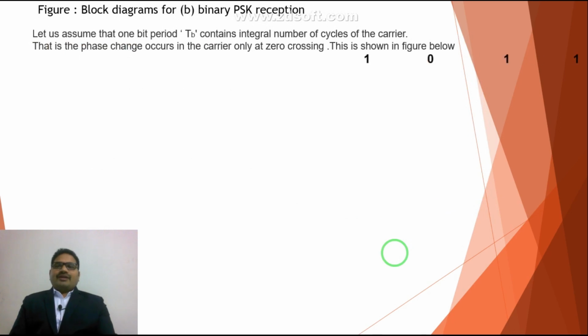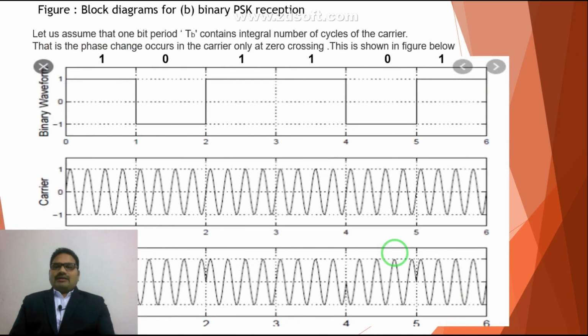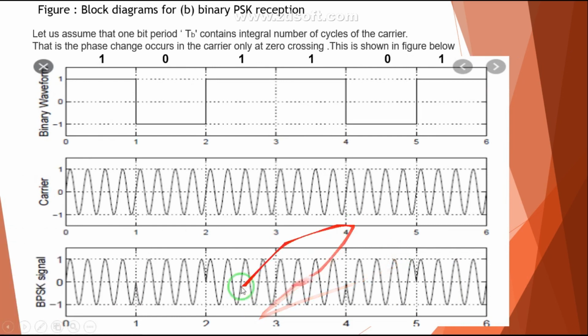Now you can see on the screen how the BPSK signal is going to look. This is your binary data 10111. This is your binary waveform, and this is your carrier. And how would your BPSK signal look? What is the waveform of this?